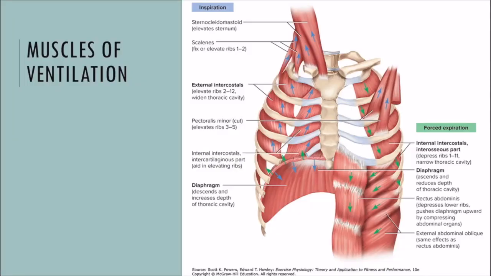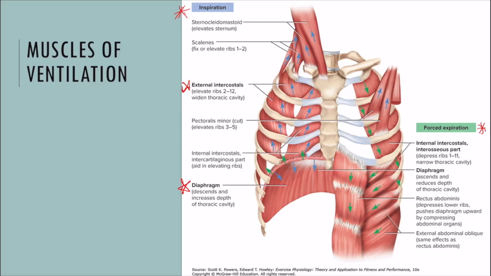So let's talk about some of the muscles of ventilation that are key here. Our inspiratory muscles are seen on the left, expiratory muscles seen on the right. Our primary muscle of inspiration is, of course, the diaphragm. The external intercostals help and assist in inhalation.